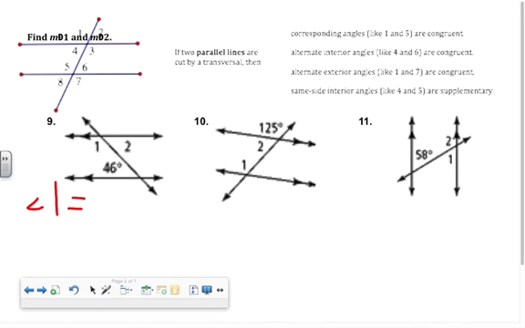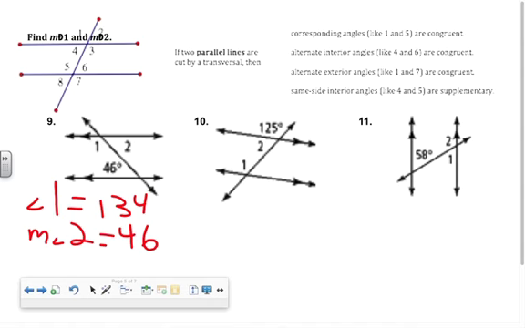They're going to be supplementary, but what I'd like you to also realize is that they're same side interior angles. So I take 180 minus this 46 and I get 134. Measure of angle 2, it's just 46. Angle 2 and the 46-degree angle that we are given are alternate interior angles.